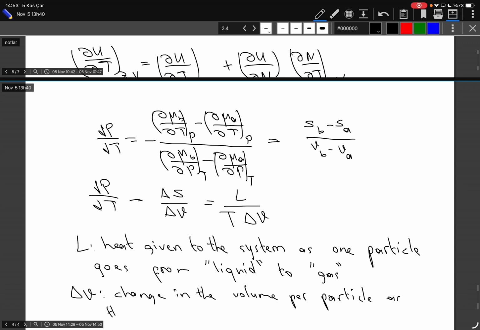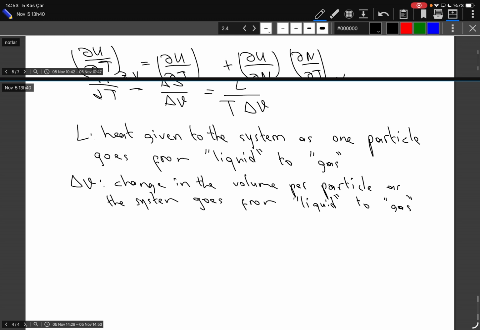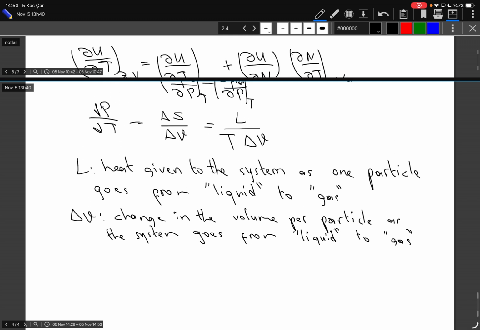As the system goes from liquid to gas. Now in general, if you have liquid going into the gas phase, the volume will expand significantly.